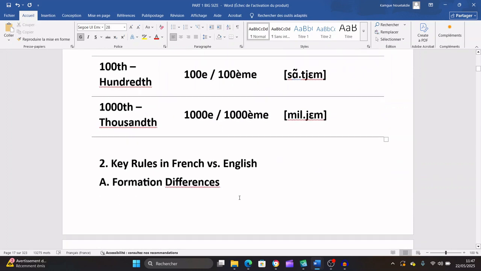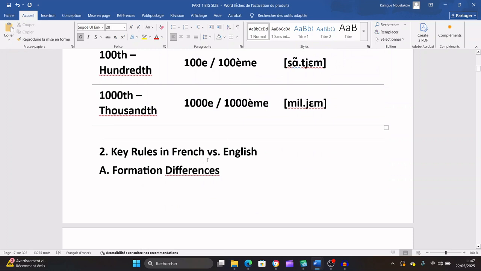Now let's see some key rules in French versus English.